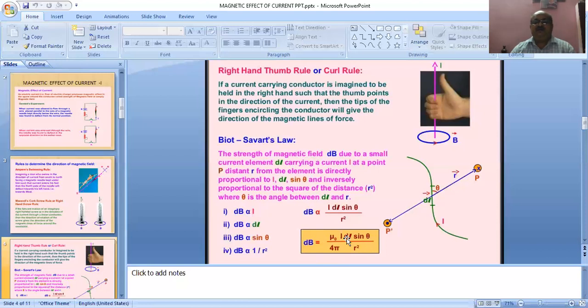Tesla is the SI unit of magnetic field, the strength of magnetic field. So this is the basic formula of magnetic effect of current: dB equals K I dl sin theta by r square, where K equals mu naught by 4 pi, and mu naught by 4 pi is equal to 10 to the power minus 7 Tesla meter per ampere.